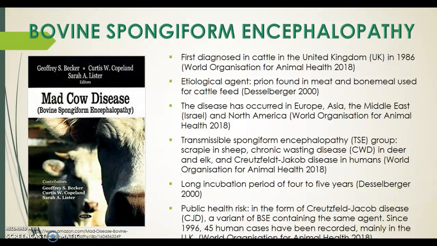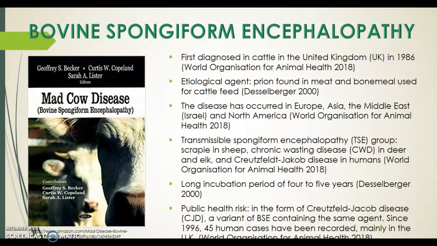It's basically a disease that groups several diseases into what is known as transmissible spongiform encephalopathy. So within this group, there's scrapie in sheep, chronic wasting disease in deer and elk, Creutzfeldt-Jakob disease in humans, and obviously bovine spongiform encephalopathy.